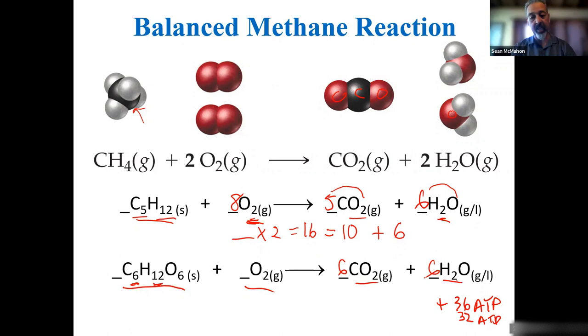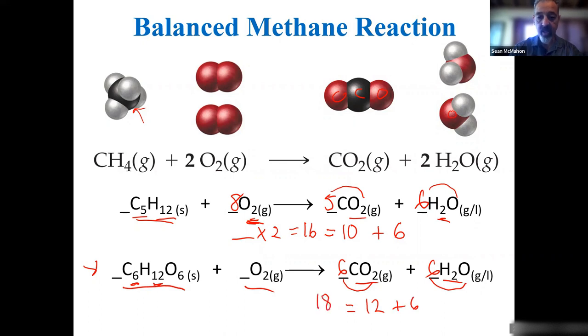Then this is tricky, right? Because now I want to go to the oxygens, okay? I'm going to save this reactant side last because that's where the diatomic is. And I'm going to first go to the products. 6 times 2 is 12. 6 times 1 is 6. So I need to cancel out 18. What a lot of people do is they get hyped up and they go, oh, 18, 2 times 9 is 18.